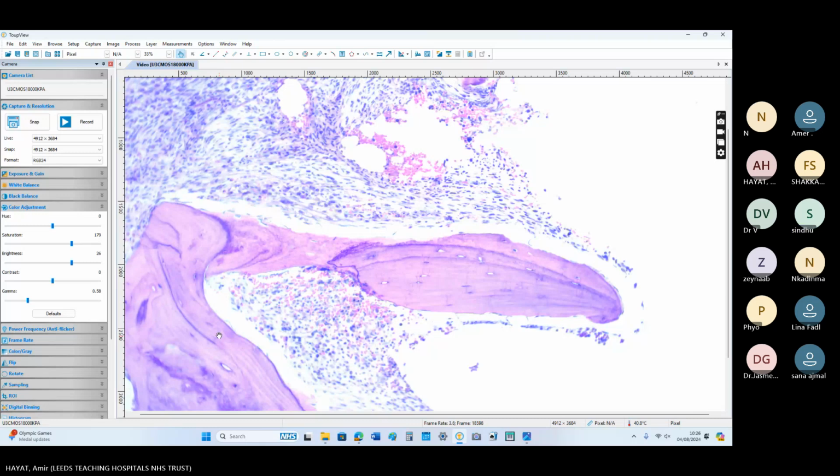So you need to do flow cytometry on this patient. You need to send serum tryptase level, and molecular testing would be done on this bone marrow biopsy for c-KIT mutation to find out if this is systemic mastocytosis or not.